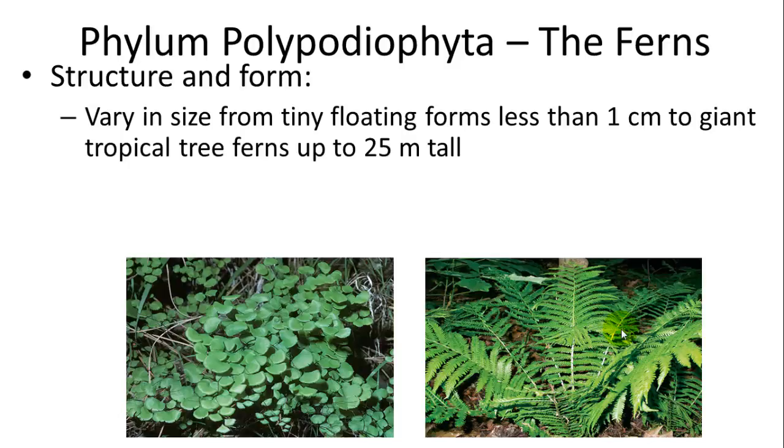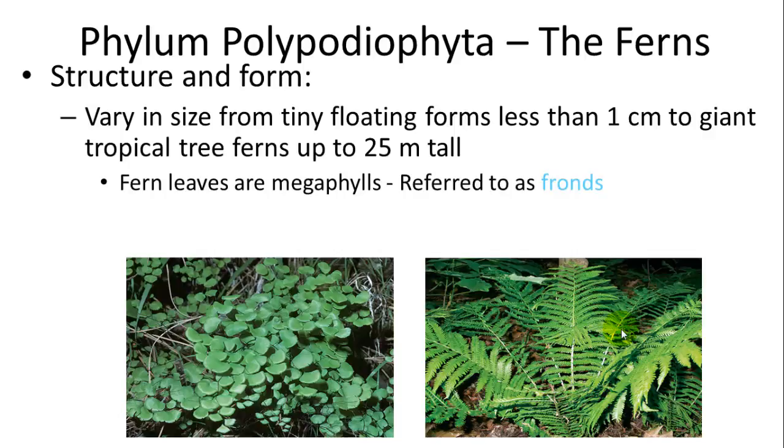anymore. So the Polypodiophyta vary in size from a tiny floating form, less than 1 centimeter, to giant tropical tree ferns, which are up to 25 meters tall. Most of the ferns you think of are kind of the smaller, 2 feet or so in height, and 5 or 6 feet in diameter.